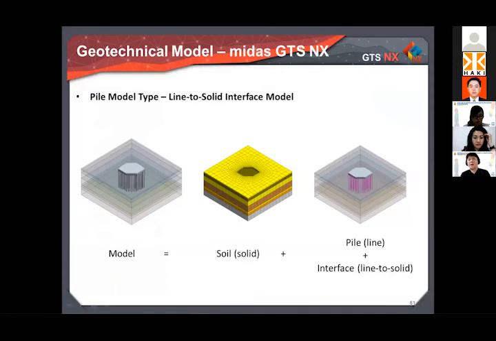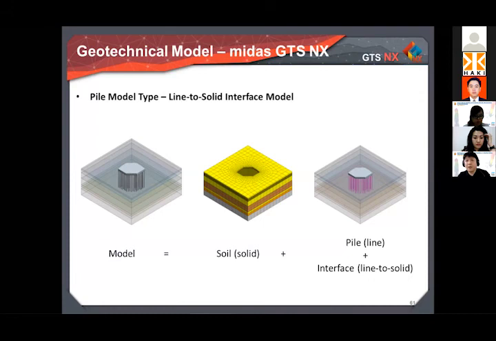For the pile model type, there are some ways to work with piles in numerical models. The best way would be to consider a pile as solid and find the interface properties and simulate this behavior.